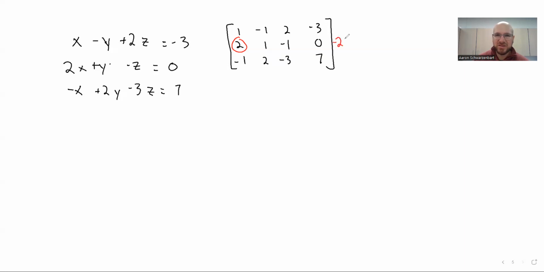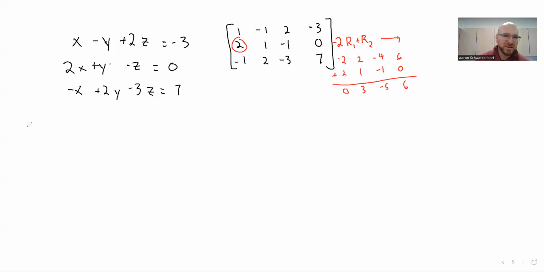So what I'm going to do is -2 times row 1 plus row 2. -2 times row 1 is going to be -2, 2, -4, 6. I'm going to add it to row 2 and place it into row 2. 2, 1, -1, 0. When I add them, I get 0, 3, -5, 6.